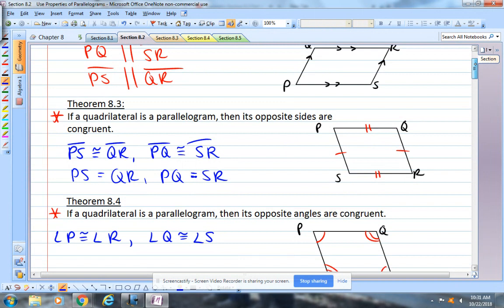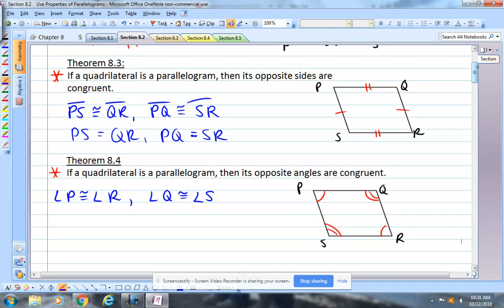Let's scroll a little bit. Also, opposite angles are congruent. So there are lots of fun properties about parallelograms.